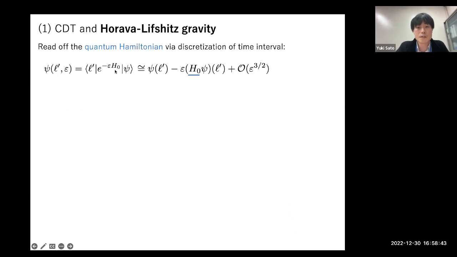This H naught is the quantum Hamiltonian that we wish to know, and epsilon is a very short time interval. If you expand this function for small epsilon, you will get the quantum Hamiltonian H naught at the next to leading order, at the order of epsilon. So this is what I wanted to do.